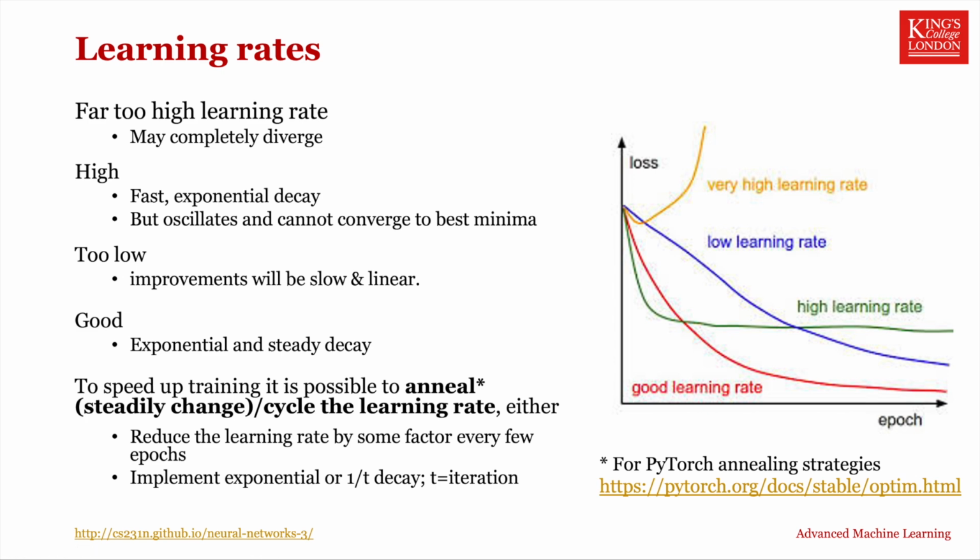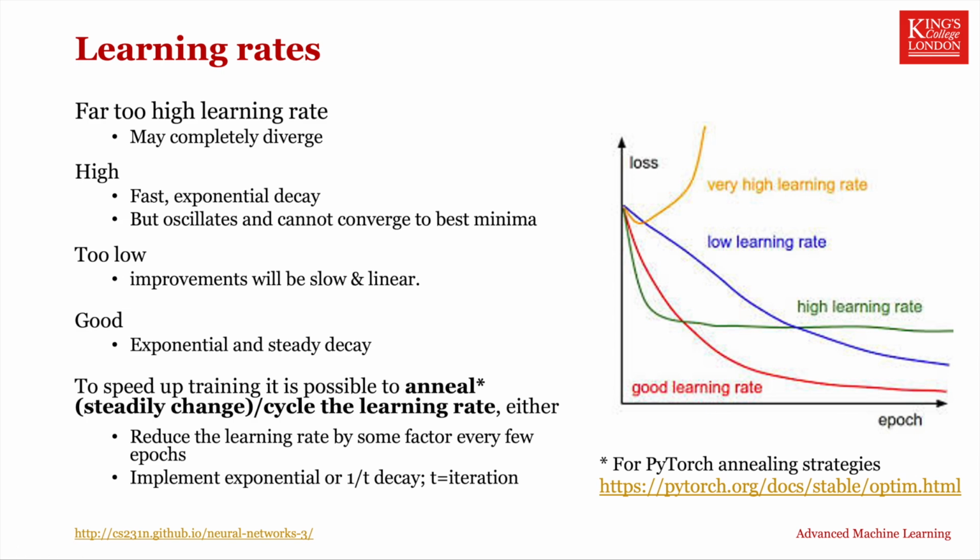The general heuristic is if the loss shoots upwards, then your learning rate is clearly far too high, and so what is then happening is that it's completely overstepping the convex part of the loss landscape and diverging off entirely. If it's slightly too high, what you might see happen is that it drops really rapidly and then quickly levels off.